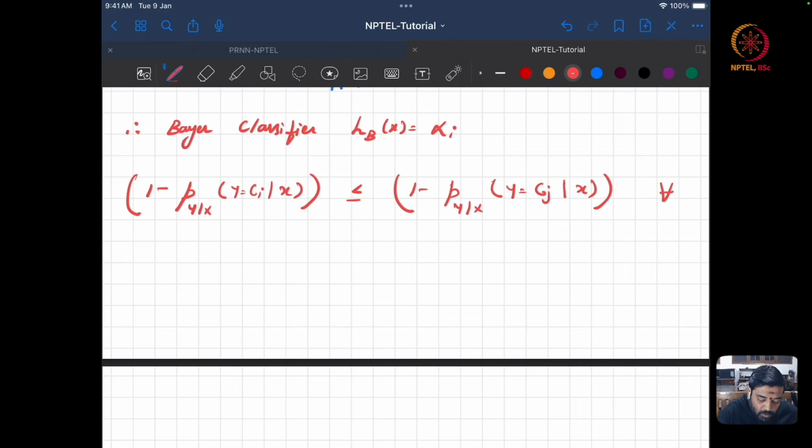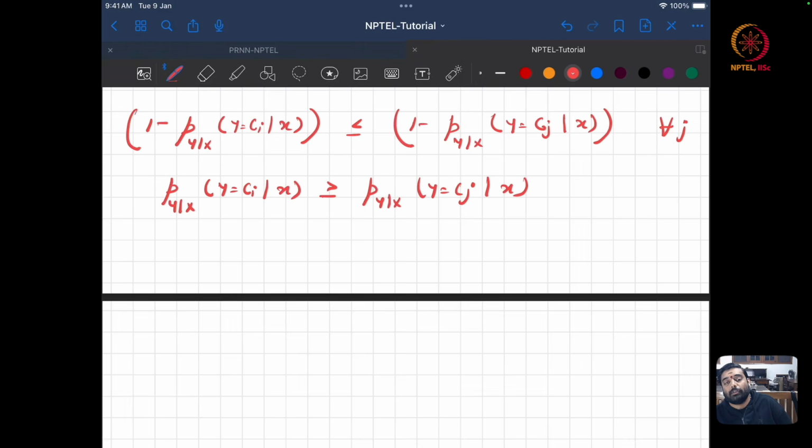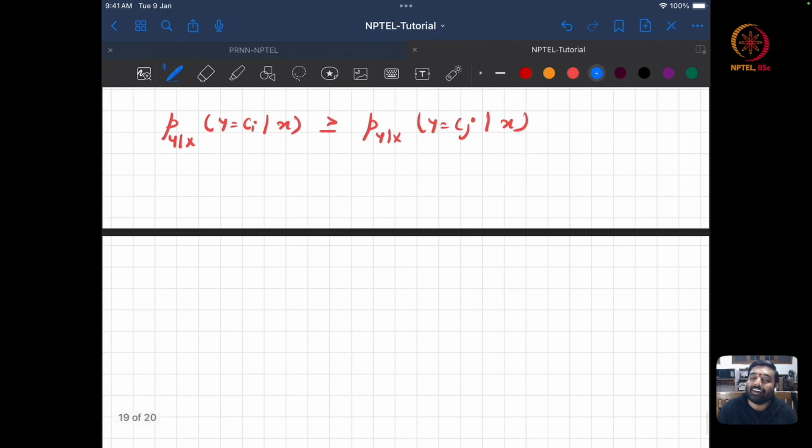This is for all j that belongs to 0 to m minus 1. Okay. Now this will be the posterior of y equals Ci given x greater than the posterior. Now this we know. Okay. Now things are intuitively clear.